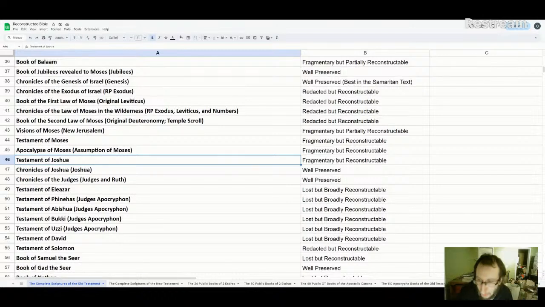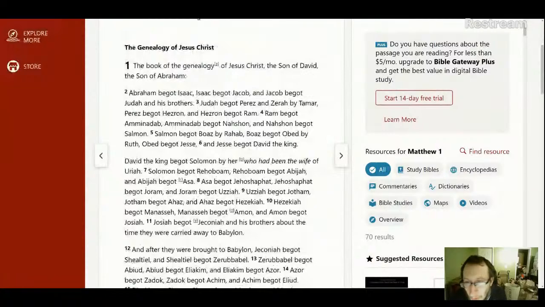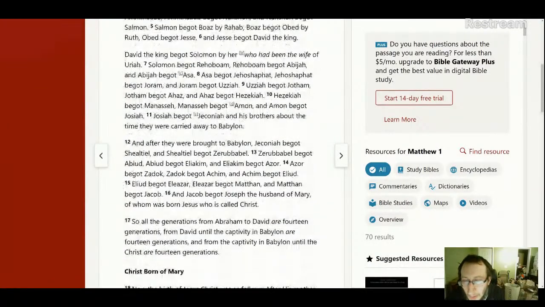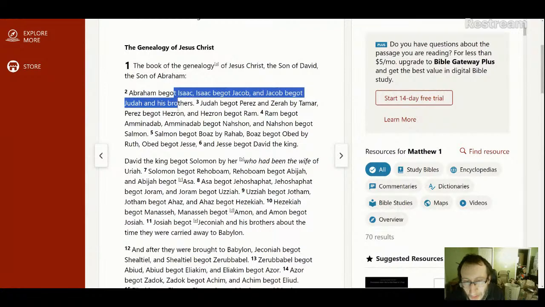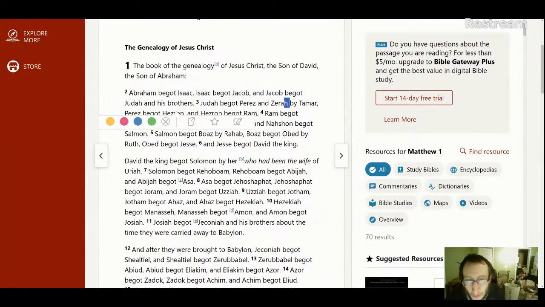All right, the Matthew genealogy. So let's share the screen. From what Matthew says, we have here in the list of genealogy a few instances where it mentions the wife.